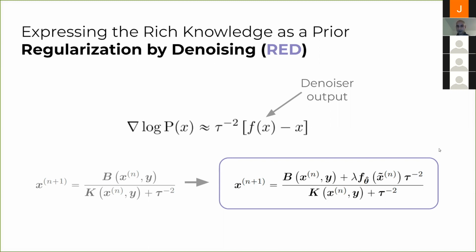And then this becomes an iterative scheme where you have your previous guess plugged in here, and you get your next guess outputted here. And you can run this iteratively using your denoiser.